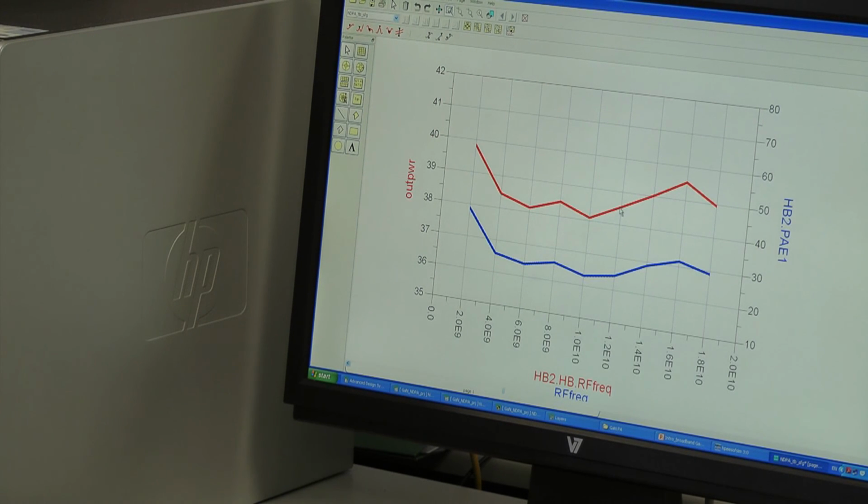The red trace is the output power at 3 dB compression, and this is 39 dBm plus or minus a dB across our band. The blue trace is the power added efficiency at the 3 dB compressed output power. This is better than 22% across our band and approaching 40% at the bottom of our band.